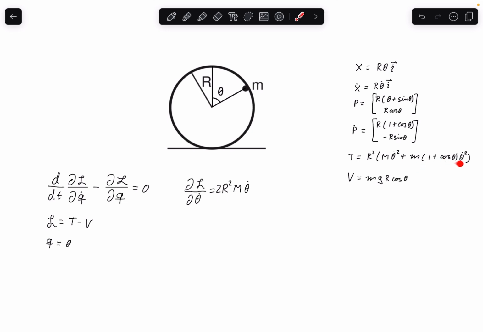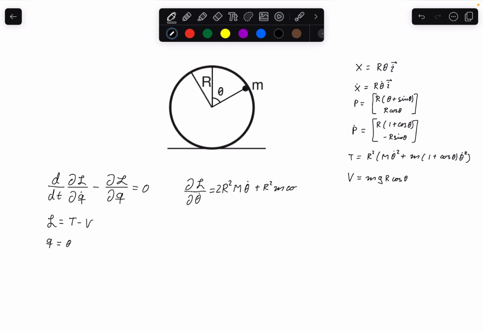And then we have this part last. So we still have r squared, plus r squared multiplied by m, and then multiplied by cos theta, and then we take the derivative, so it's multiplied by 2 theta dot, like that.